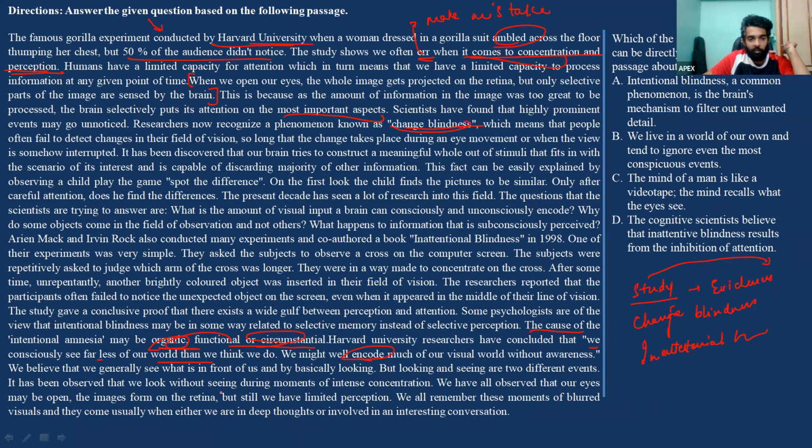But it's been observed that without seeing, during the moments of intense concentration, we have all observed that our eyes may be open. So this is all the rehash from what's been talked about in the previous evidences. So Harvard University is adding some kind of scientific evidence. Okay, so this is the mind map this time.